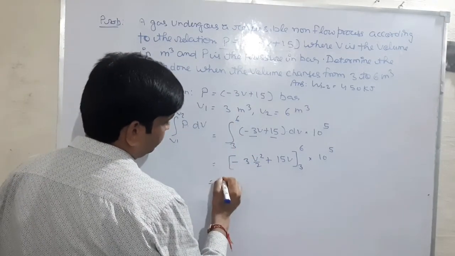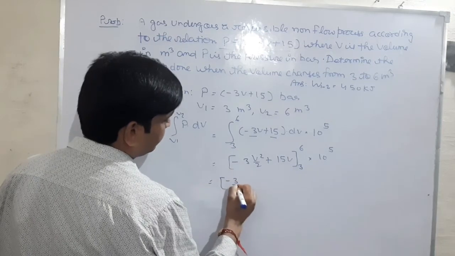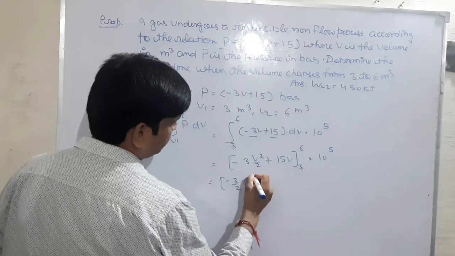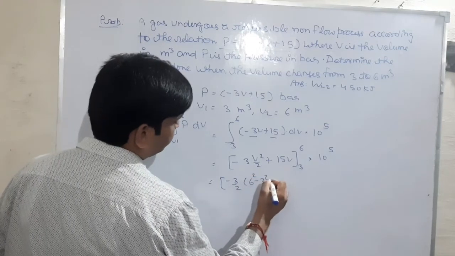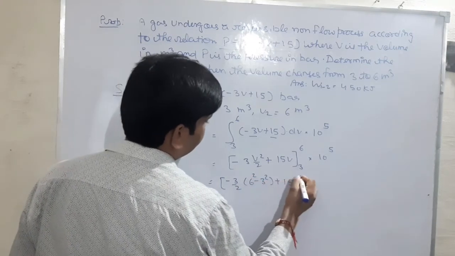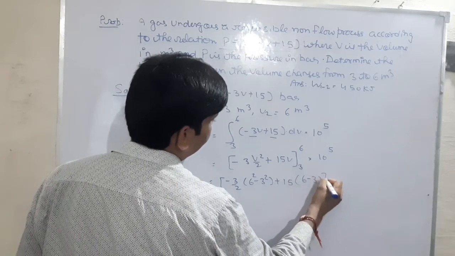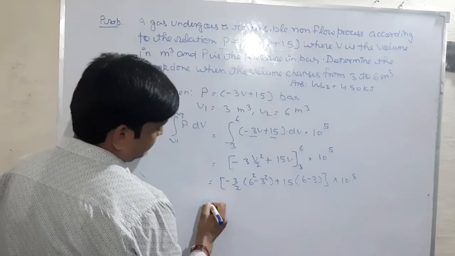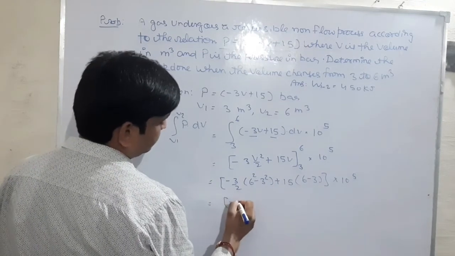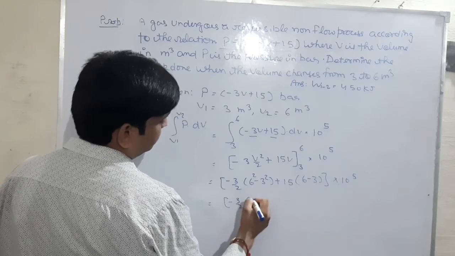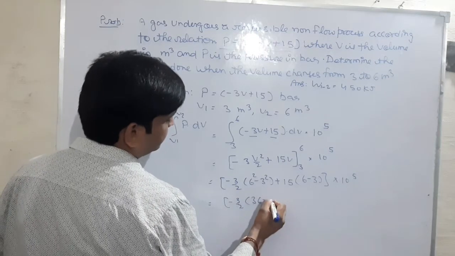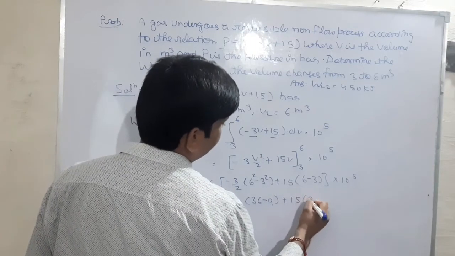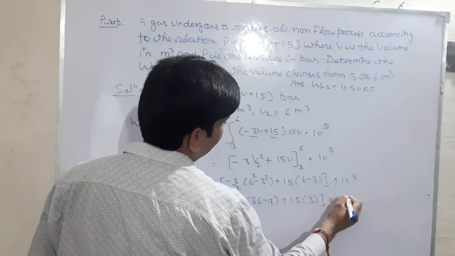That is equal to minus 3 divided by 2 into 6 square minus 3 square, plus 15 into 6 minus 3, into 10 to the power 5, that is equal to minus 3 by 2 into 36 minus 9, plus 15 into 3, into 10 to the power 5.